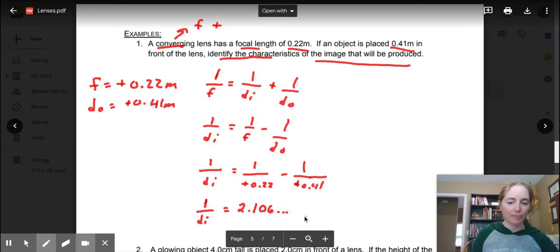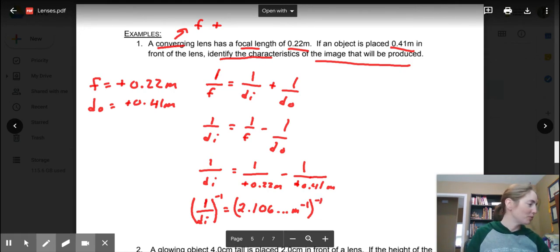2.106. These values are on the bottom; their units are meters. This one's units are meters to the power of -1, or 1 over meters. It's on the bottom of that dividing line, and this one's on the bottom of the dividing line. To get them both flipped, in your calculators you are going to take the inverse. So you push that power of -1 button. You take the inverse of both sides.